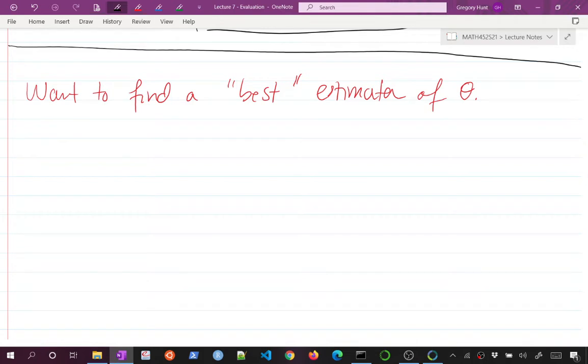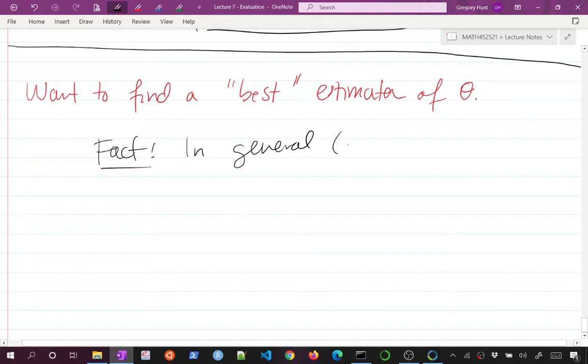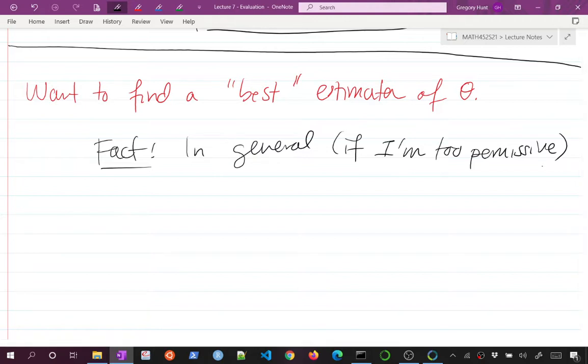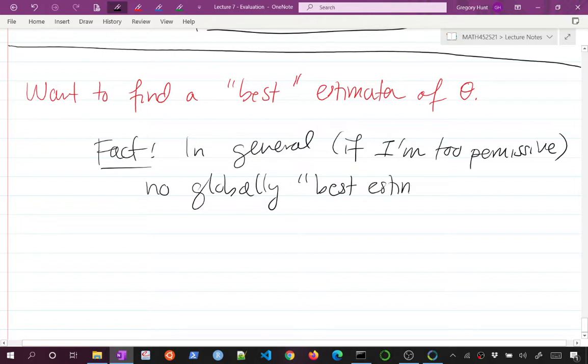So the fact is, in general, that is, if I'm too permissive in what I allow to be an estimator and which kinds of estimators I assume, no globally, quote, best estimator exists.